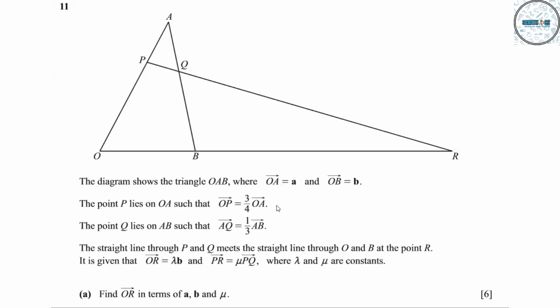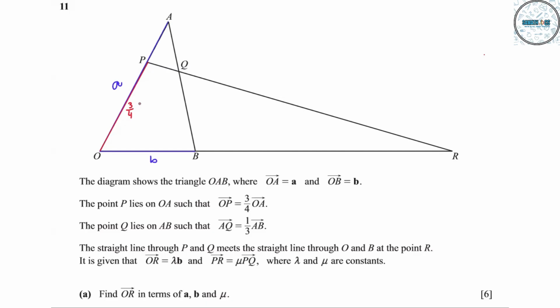Question number 11. The diagram shows the triangle OAB where OA is equal to a and OB is equal to b. So from here till here is OA, which is a, and OB, which is b. OP is from here till here, which is 3/4 of OA.